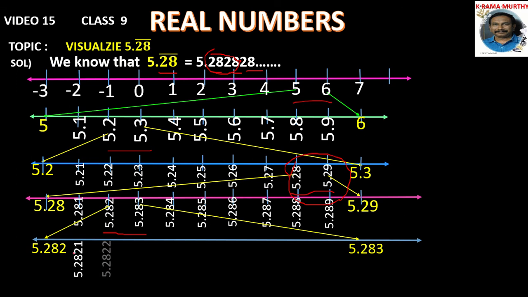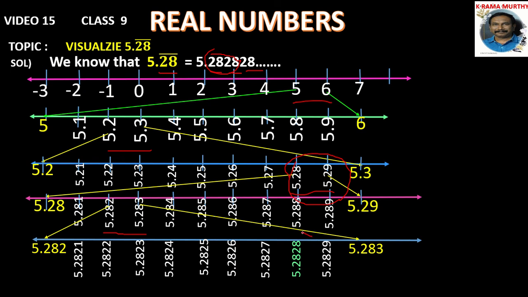So 5.282, the next place is 5.2821 and 5.2822, 5.2823, 5.2824, 5.2825, 5.2826, 5.2827, 5.2828 and 5.2829. Here we can only visualize up to the ten-thousandths place, but the actual number is again a minute part further.